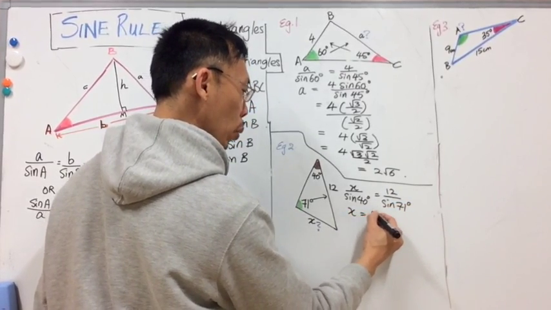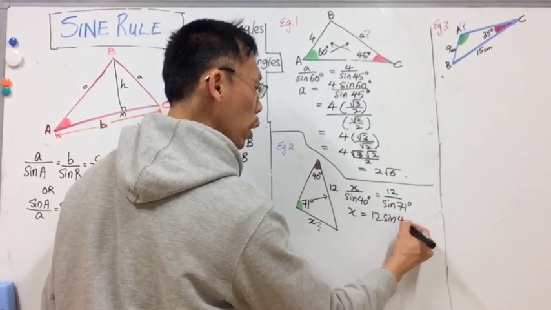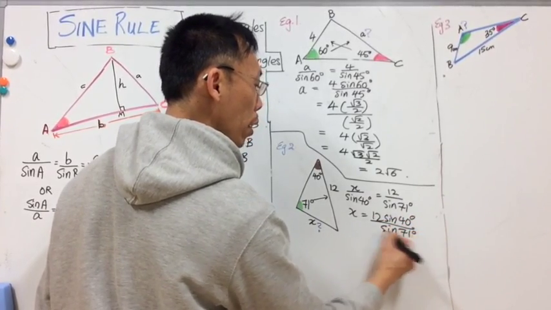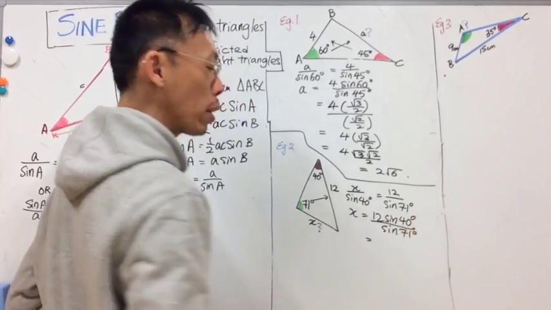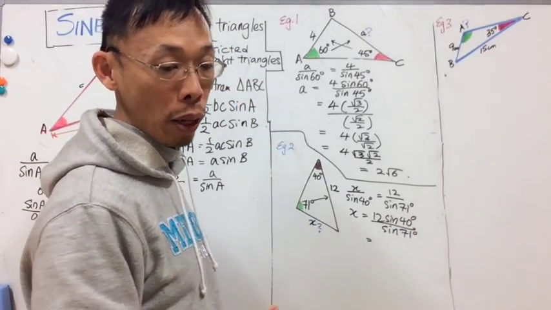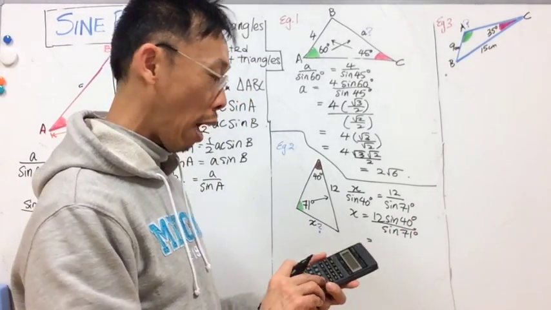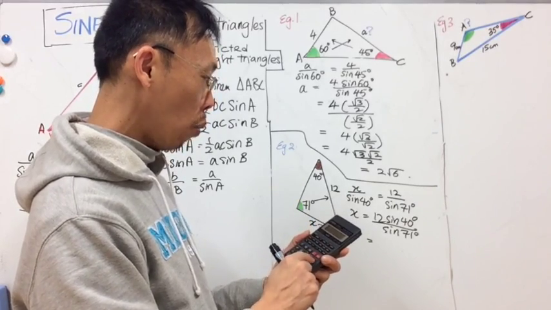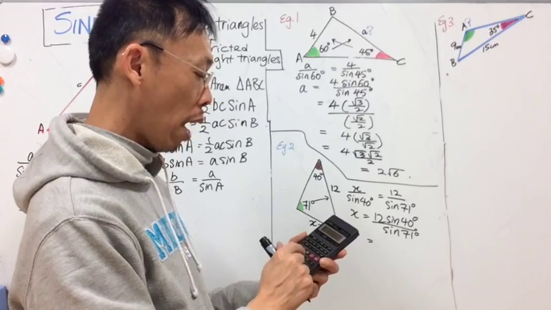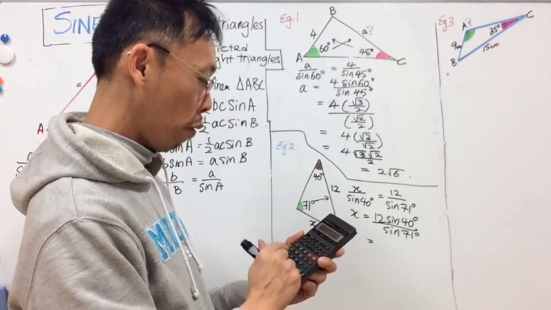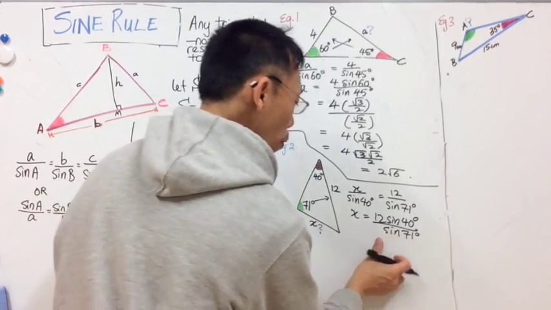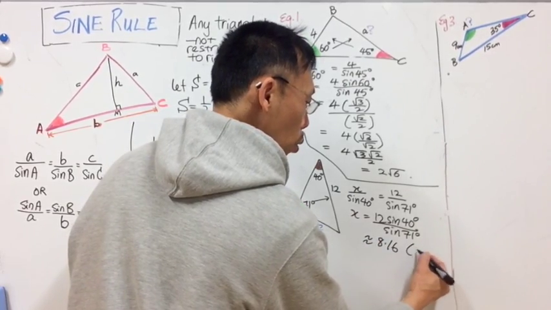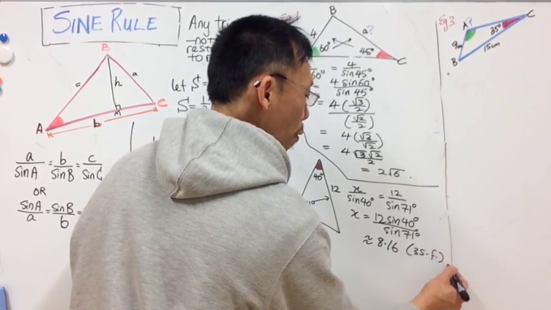Therefore, x is equal to 12 times sine 40 degrees over sine 71 degrees. In this case, I don't really know what sine 40 degrees and sine 71 degrees are, so I have to use a calculator. So sine of 40 divided by sine of 71 times 12. Roughly, this is 8.16 to 3 SF length.